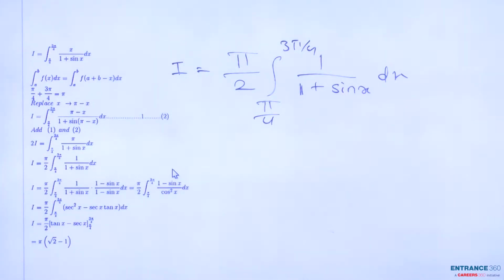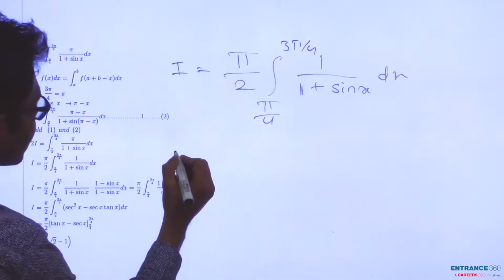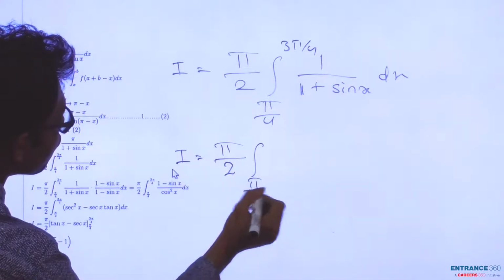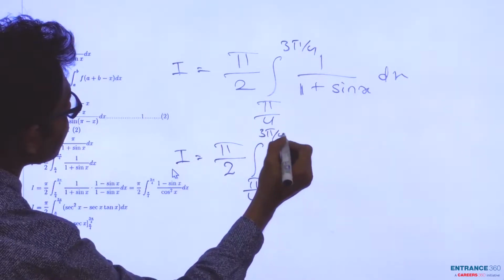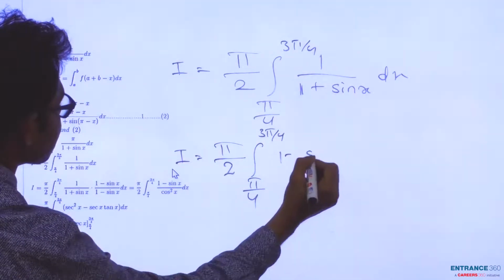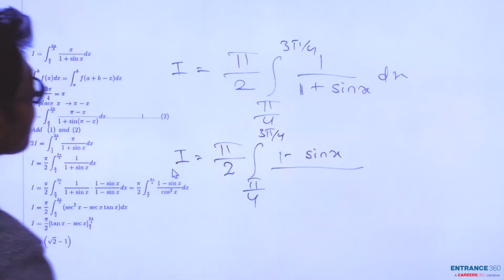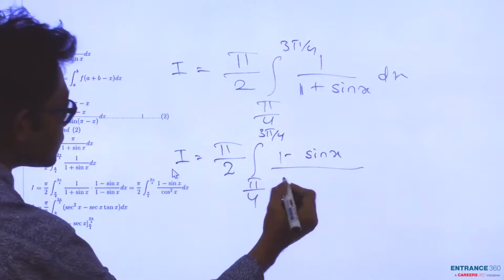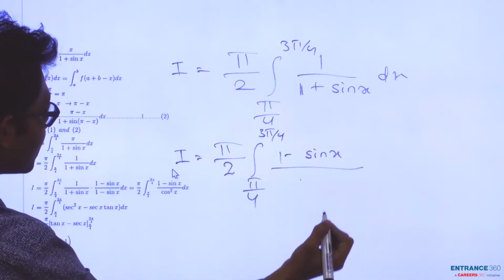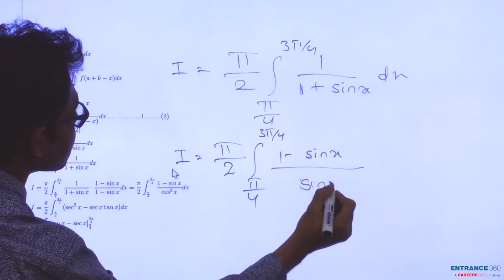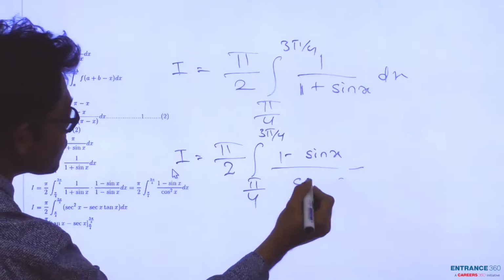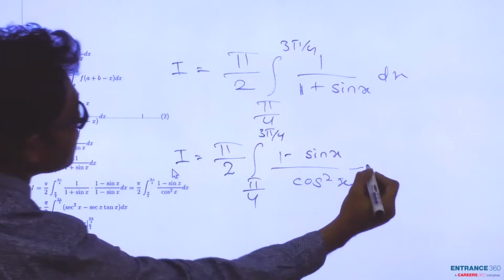Now multiply and divide by the conjugate of 1 plus sin x, which is 1 minus sin x, and we get I equal to pi by 2, integration from pi by 4 to 3 pi by 4 of 1 minus sin x divided by, 1 plus sin x into 1 minus sin x, which is 1 minus sin square x, which is cos square x, dx.